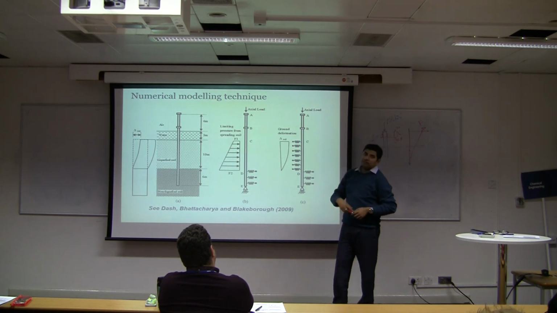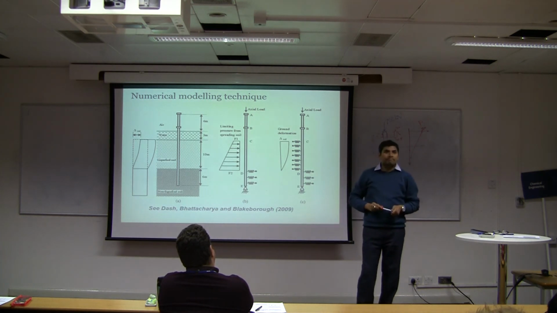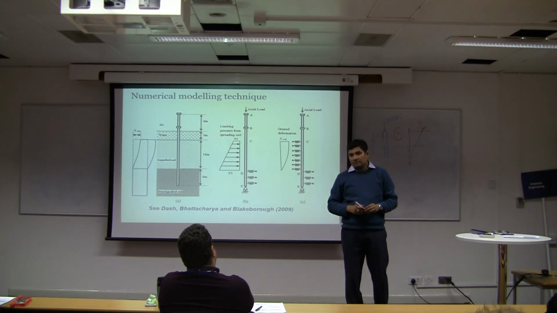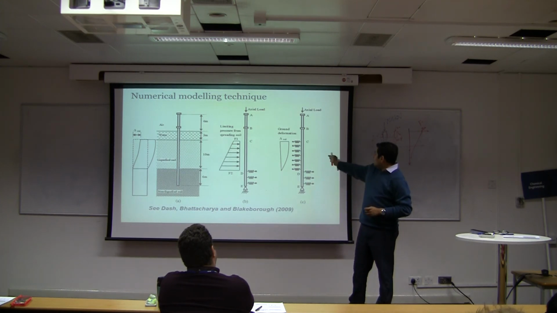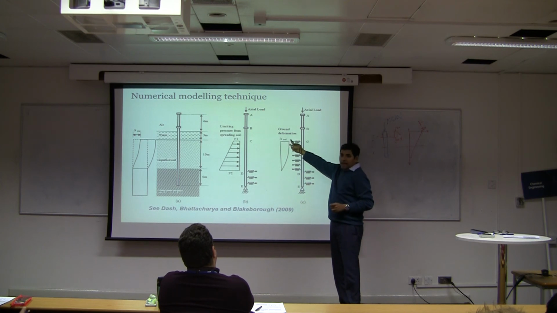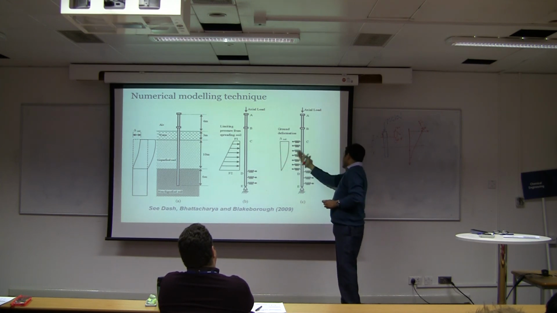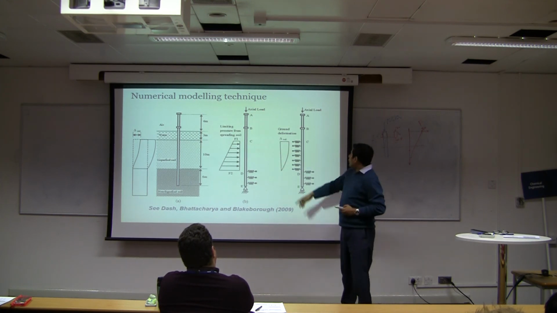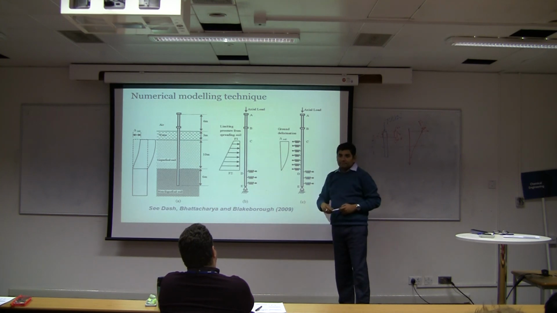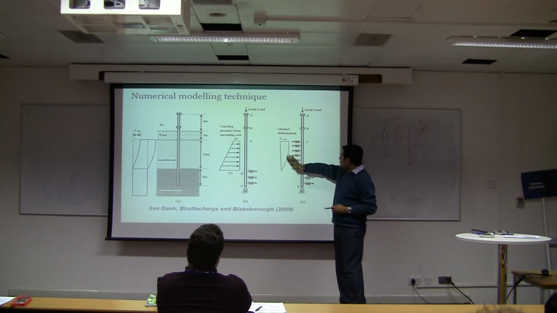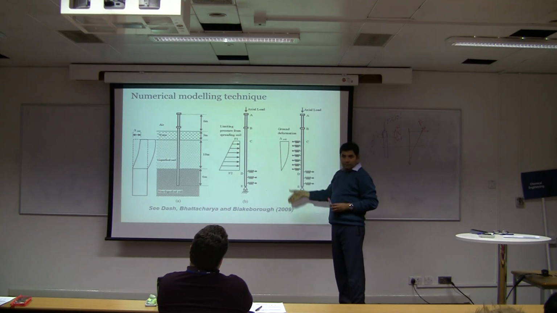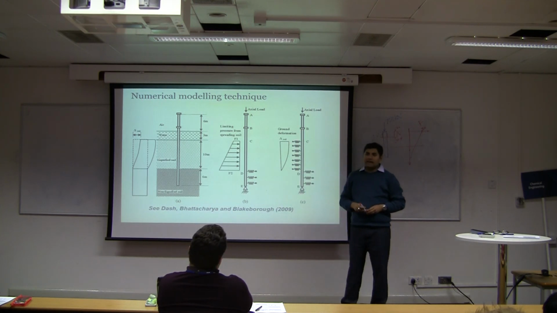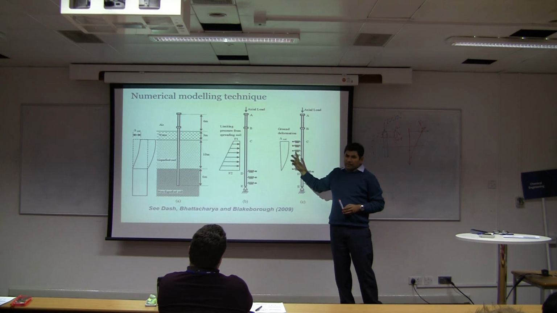This is another way of modeling the whole problem, because in some cases there are empirical ways to calculate how much the ground would move. So you can use the top movement, assume a distribution, and push the ground to see what's the pile bending moment and deflection. So you're giving a displacement to the whole problem. This is sort of like a pushover type analysis.